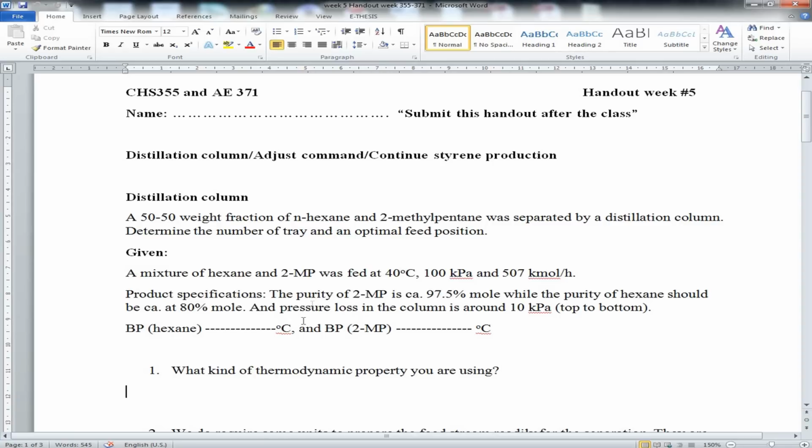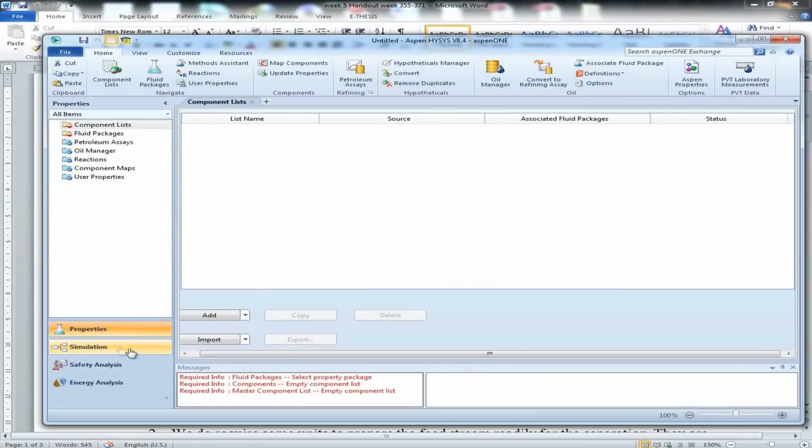The specification is that the purity of 2-methylpentane will be about 97.5%, and for the hexane 80% is okay, while the pressure loss in the column from bottom to top is around 10 kilopascal.